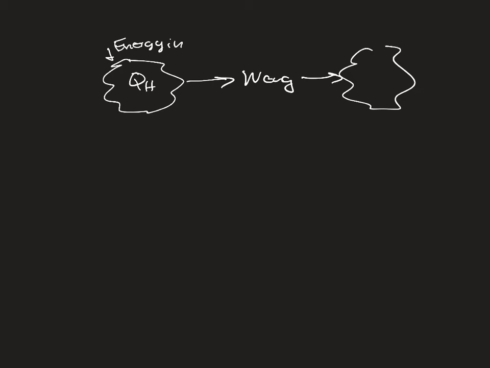Alright, so we're going to have our heat engine here. So we're going to have energy coming in to QH. The engine is going to do some work. And then we're going to expel energy to the cold source.